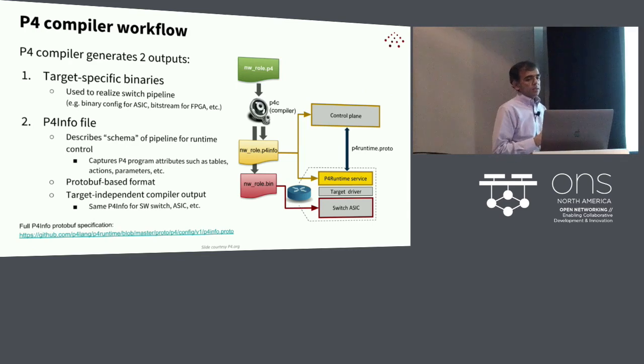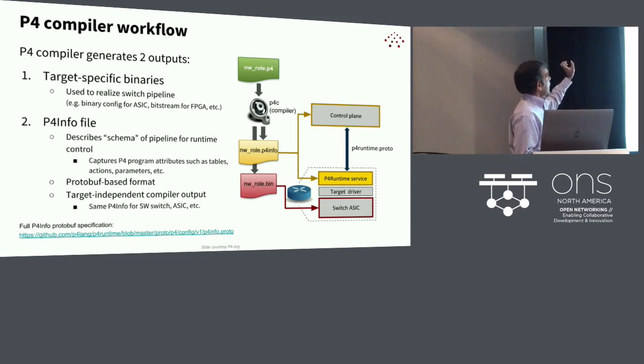So the compiler, how do we achieve this? Let's say you have your P4 for a specific role. You compile your P4 program with the compiler for that specific target, which produces two different parts of the output.